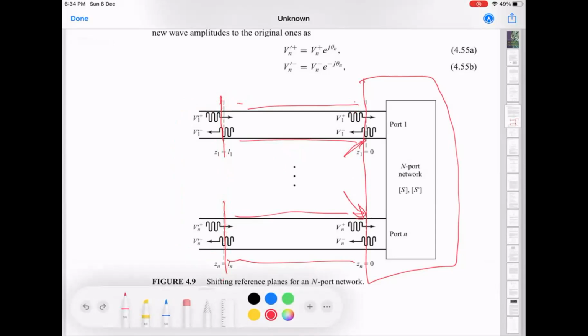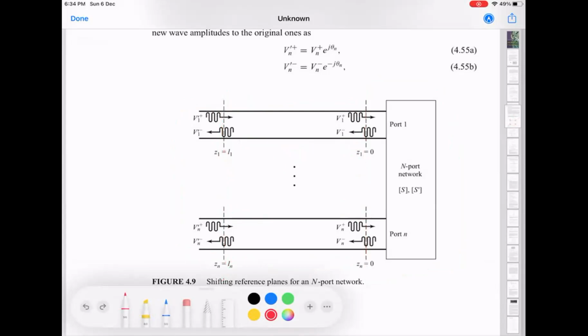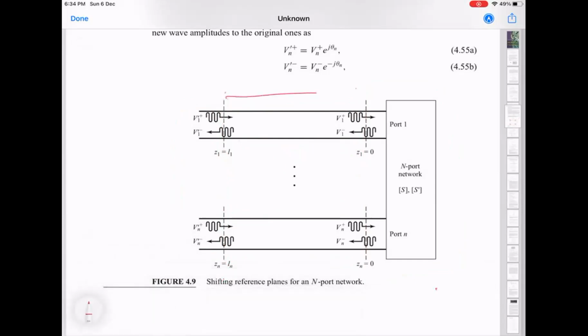So what that basically means is you can now think of this box here in the middle as a two-port network, right? So I'm just talking about two ports here.